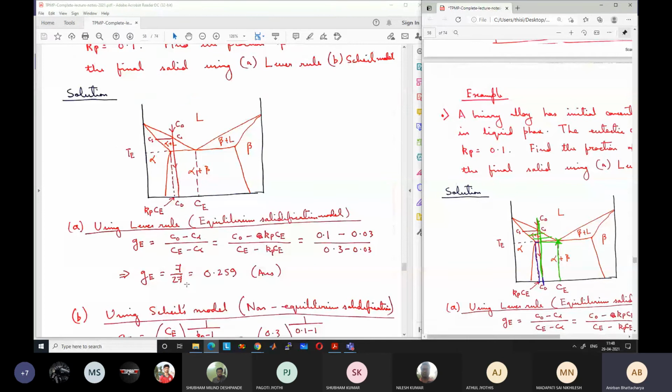So the volume fraction of eutectic is 25.9% and the rest of it, 74.1%, is alpha solid. Okay, eutectic is 25.9%, rest of it is alpha solid. Any questions?